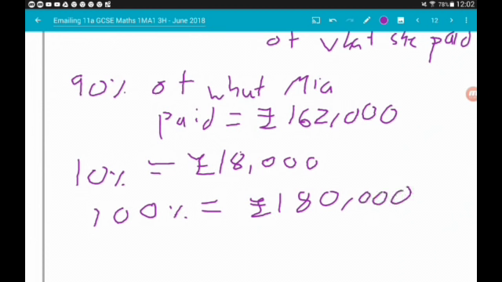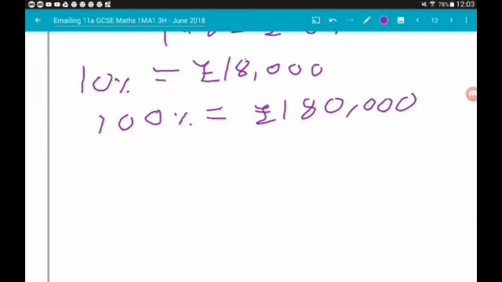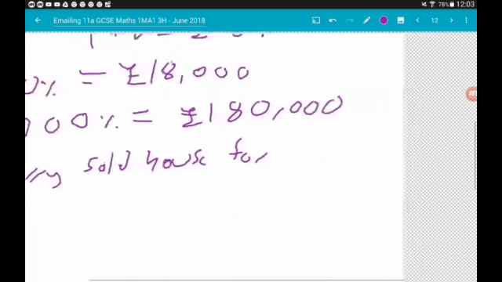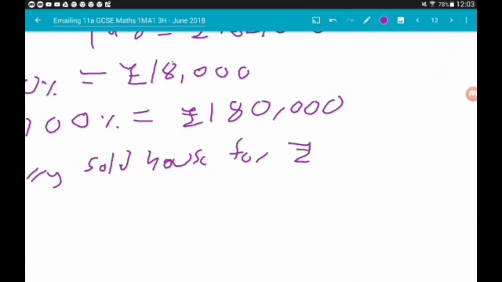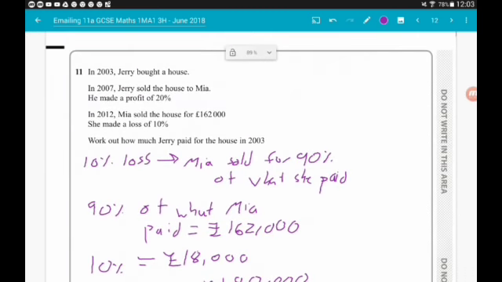Okay, so now let's swap to Jerry. So that means Jerry sold the house for £180,000. Now, we know when Jerry sold the house, he made a 20% profit.